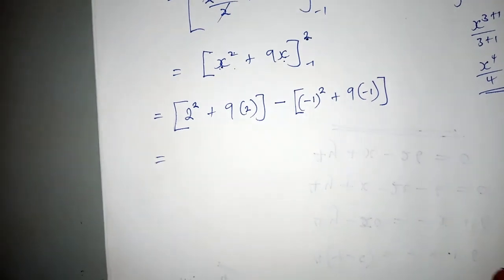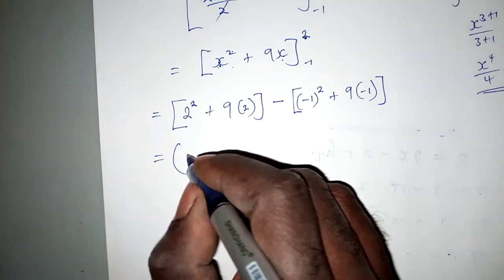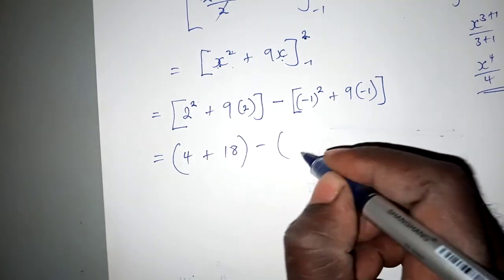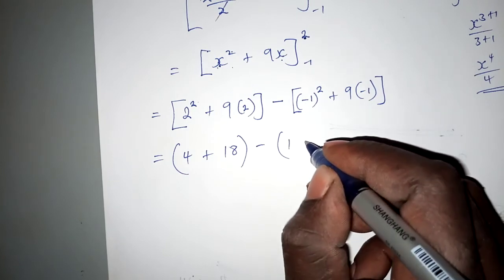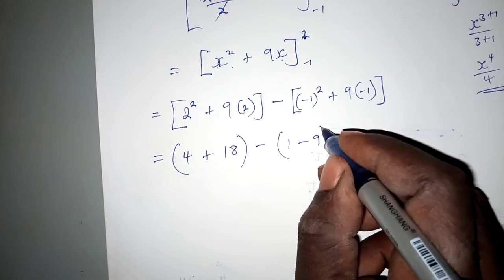If we further simplify this, 2 squared is 4 plus 9 times 2 is 18, minus 1 squared is 1 plus 9 times -1 is -9.